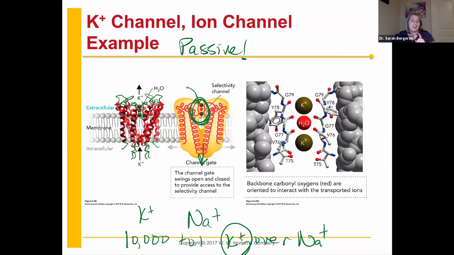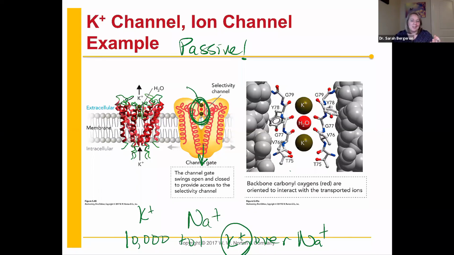So how is it that the pore can differentiate between the two? Well, what's interesting is that potassium needs 8 waters per ion in order to be soluble. And if you look on the inside of this pore, you're going to notice that you have 8 amino acids with carbonyl oxygens that can interact with potassium. Perfect, exact ratio.